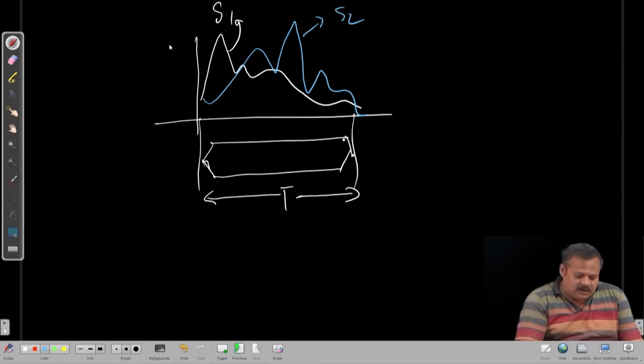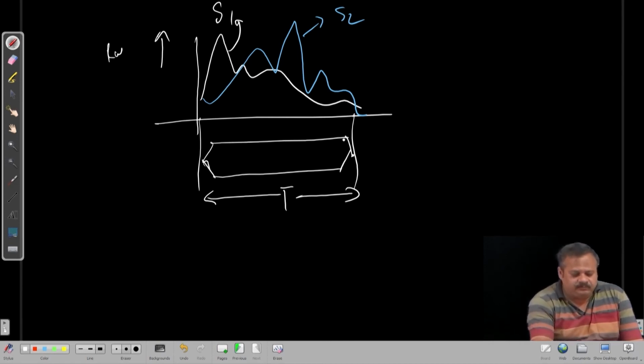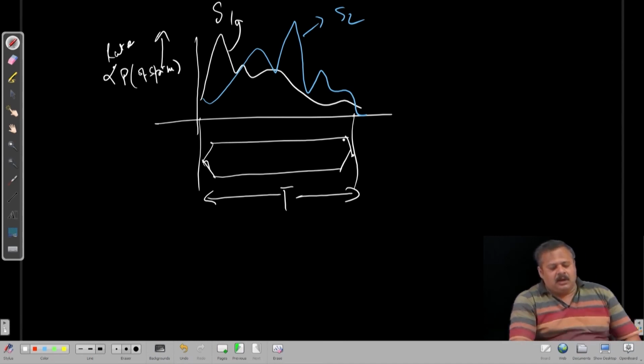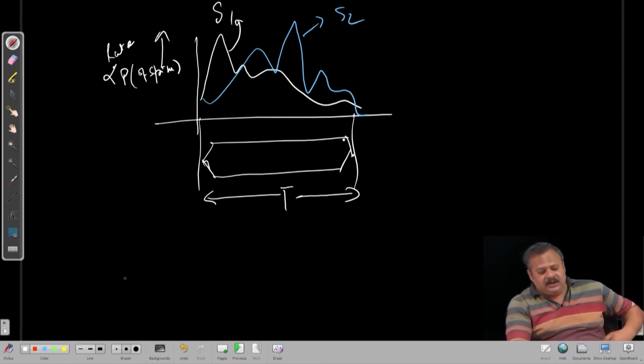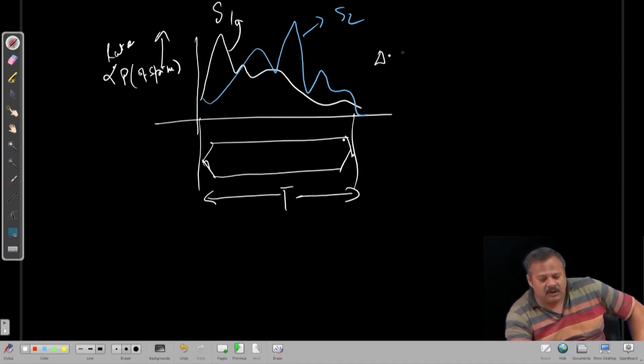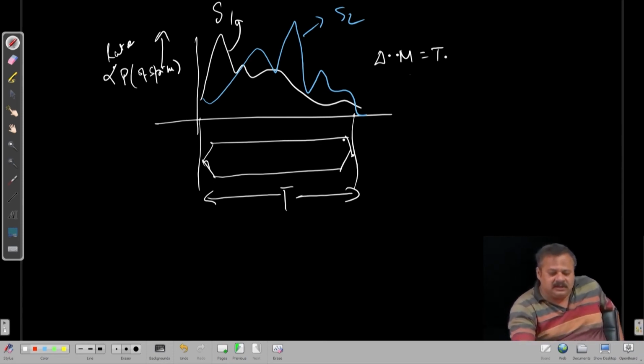This is our rate in spikes per second, or let us say we convert it into probability of a spike by assuming that our delta is very small, that is delta times M equals T, and delta is very small, that is at most one spike.